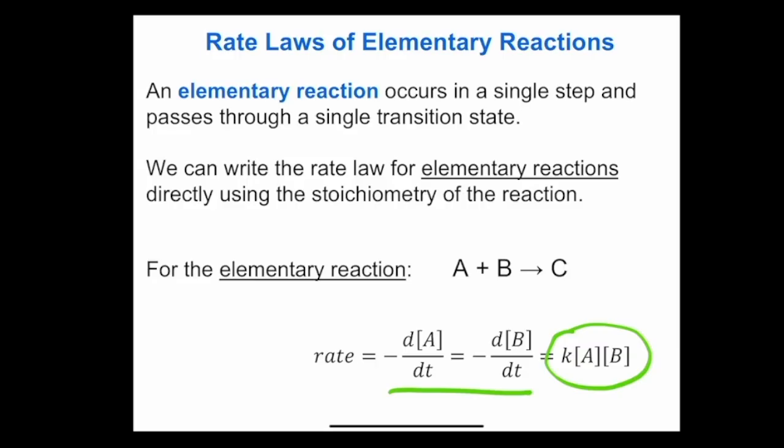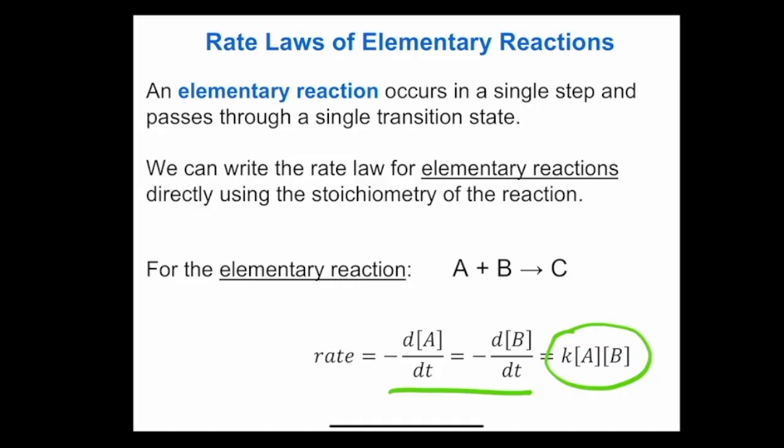Yes? That's kind of like saying the mechanism is the same as the overall reaction. Yes, exactly. So the mechanism overall, a whole bunch of these elementary steps, is what determines the overall rate. If we've got many steps, we can't look at the overall and say that must be the rate law. If I'm looking at just one transition state, I know the mechanism only involves that one step, therefore its rate law must be that simple.